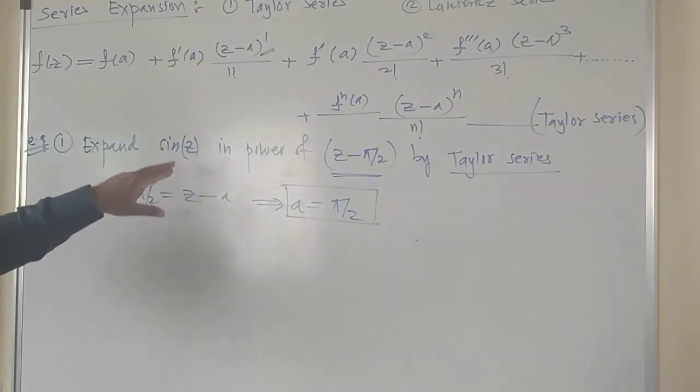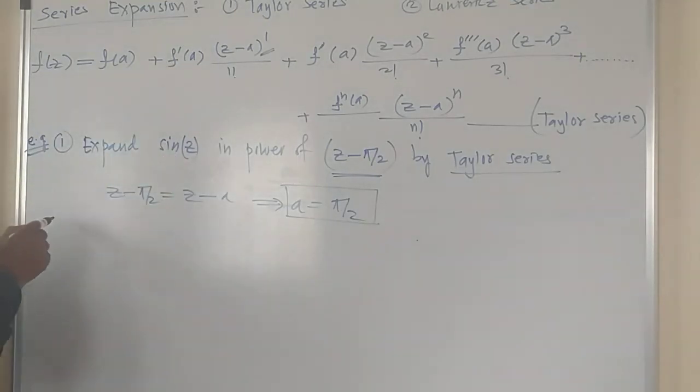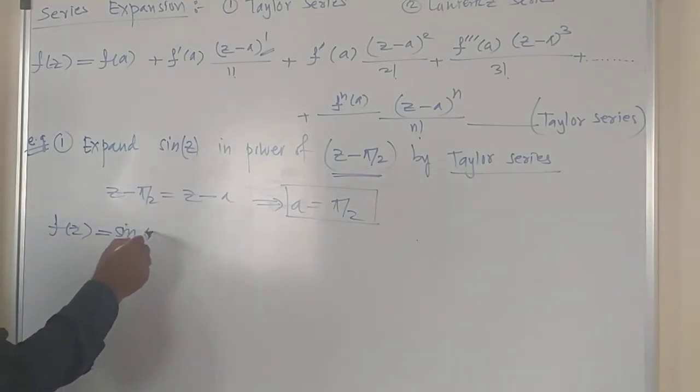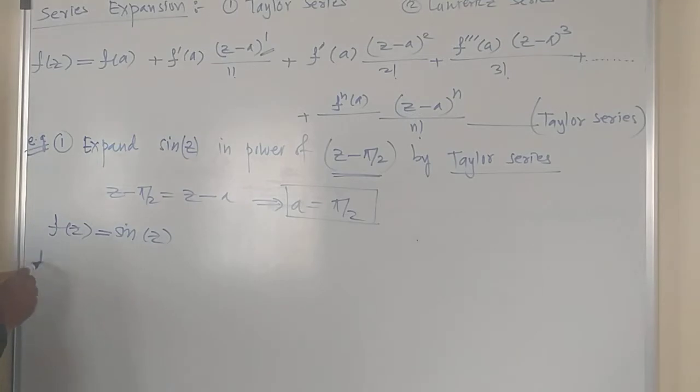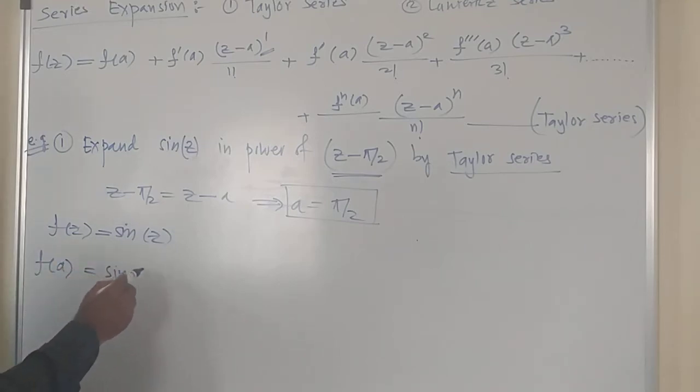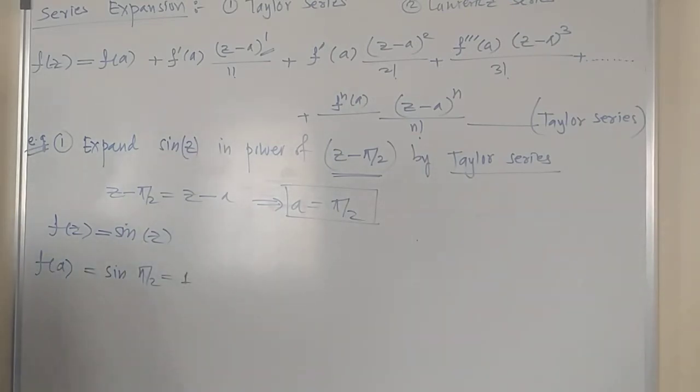What is your function? Your function is sin z. So let us say f of z is equal to sin z, right? That means for f of a, put z equals a. So f of a is equal to how much? sin pi by 2, and sin pi by 2 is 1. You got this value, isn't it?